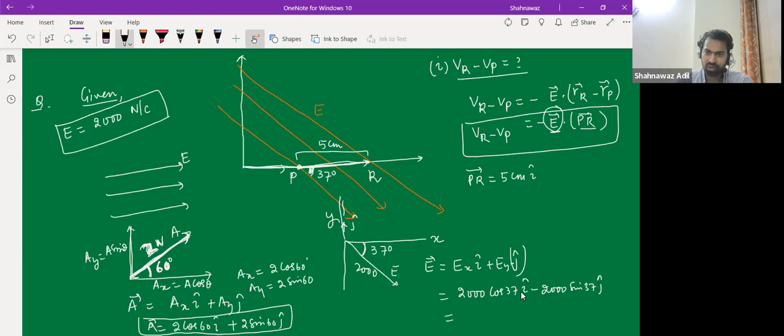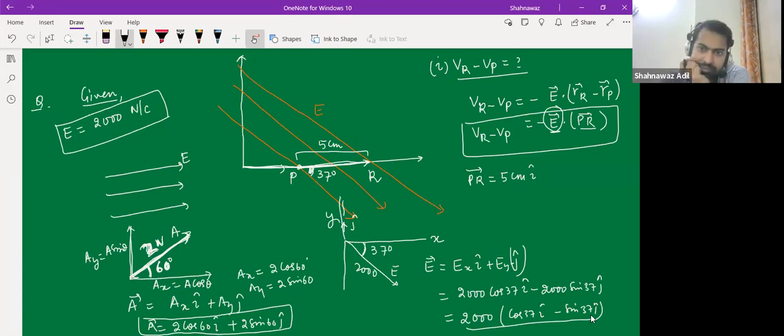So 2000 cos 37 and 2000 sin 37. If I take 2000 outside, so cos 37 i hat minus sin 37 j hat. Okay, so is this clear to you guys?